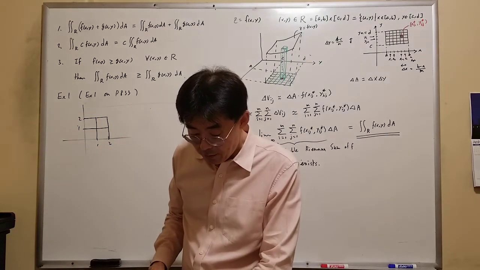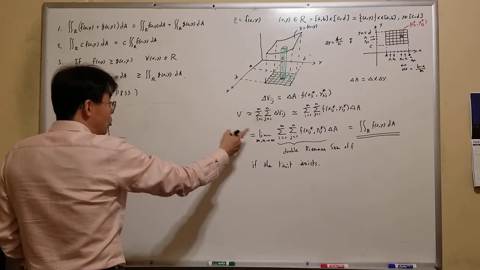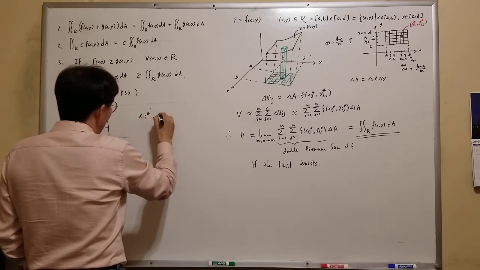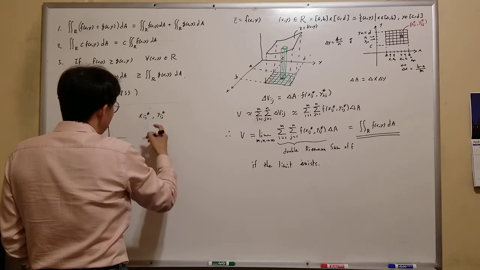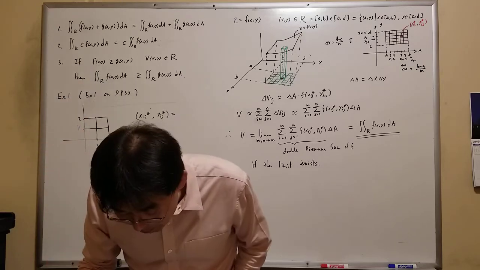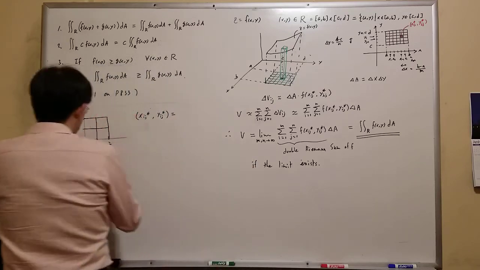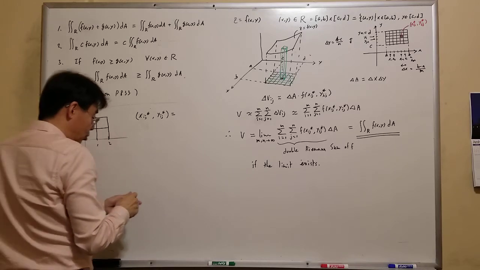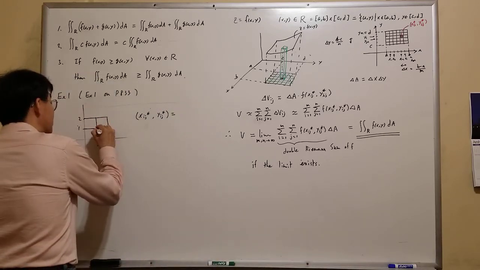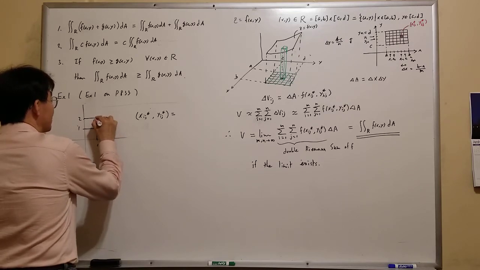Alright, so then the Riemann sum. They want you to choose xij star, yij star as the upper right corner. So for the first one, you choose the upper right corner here. I'm going to write it slightly inside, even though it is exactly on the corner.